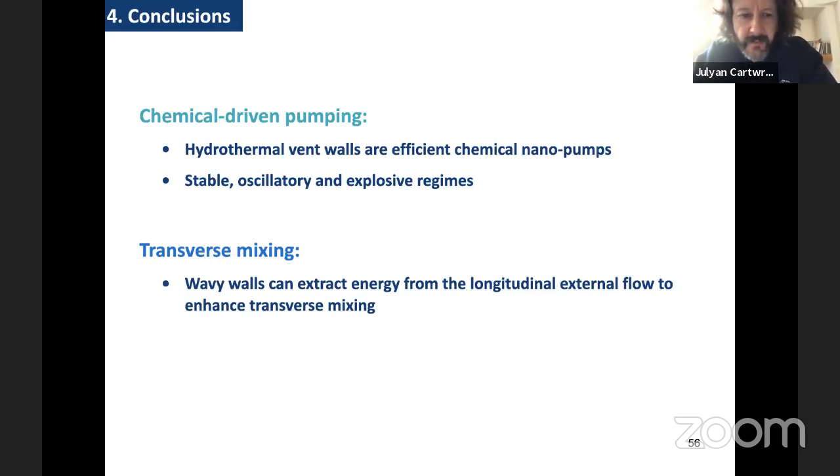And there is the possibility that the walls of these membranes, because they are wavy, are of possible importance from the point of view of obtaining more energy from the system, because the flow enhances the transverse mixing across the membrane.